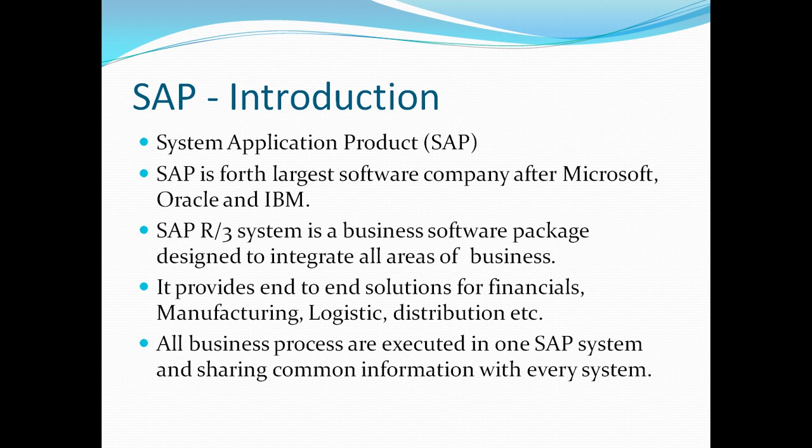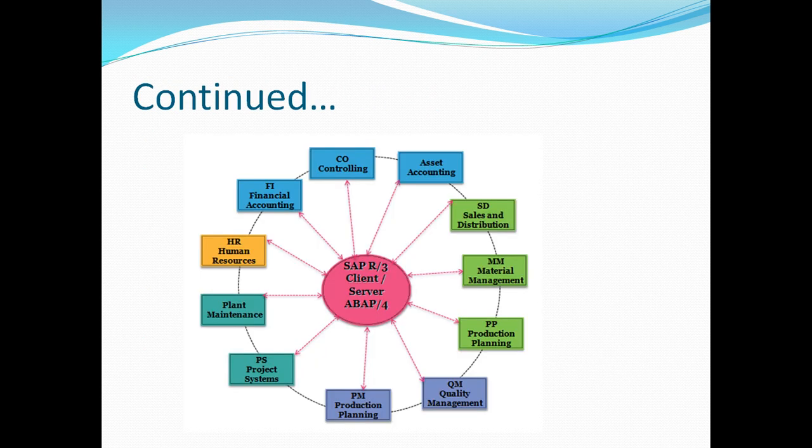Let's have a look at the different modules we have in SAP. In SAP we have PM, QM, SD, MM. SD is nothing but Sales and Distribution. In any company we have multiple departments.